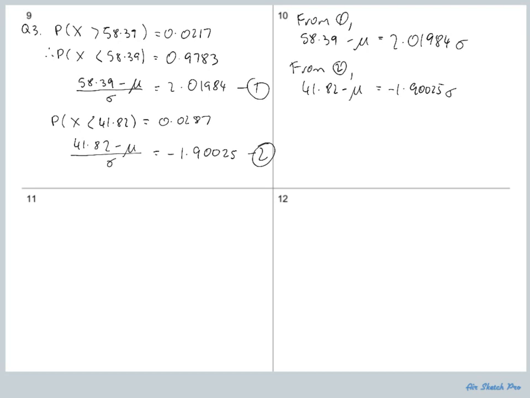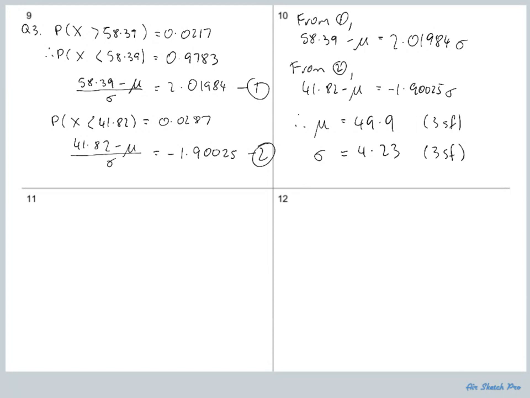So the first one will be the x coordinate, that's mu. So therefore mu is equal to 49.9, and sigma is equal to, this is the y coordinate, 4.23. Okay, both of those to 3 significant figures.